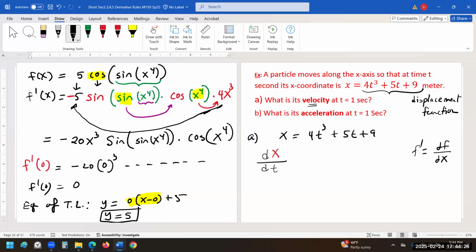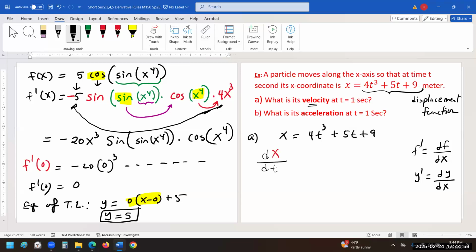So df over dx is same as f prime. Or y prime is same as dy over dx. It means our function is y, but with respect to x. So we don't write dy dx all the time. We simply write y prime or f prime.